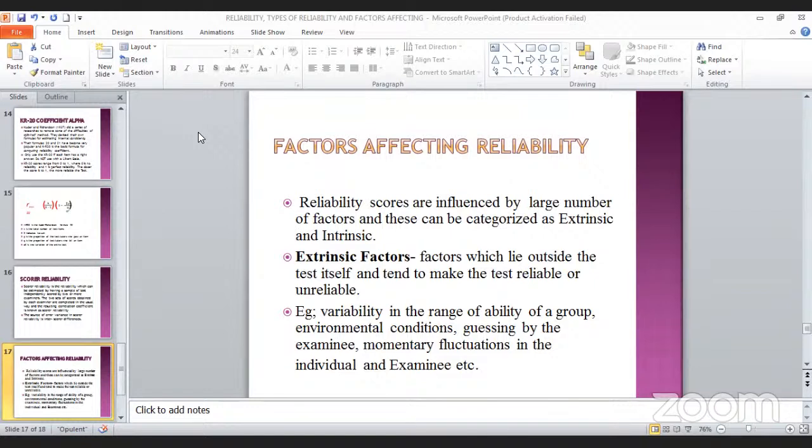For example, you are interested in assessing trait anxiety with a questionnaire, or you are interested in assessing depression, some instrument for measuring depression. So you have to collect the data from the people who are depressed. If you collect the data from the non-depressed, then what will happen?